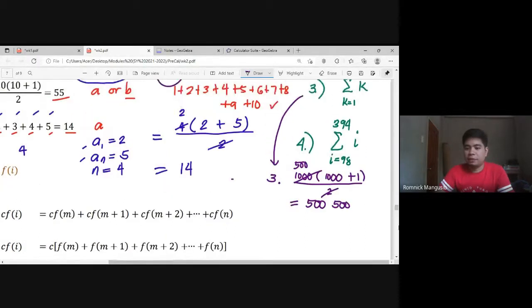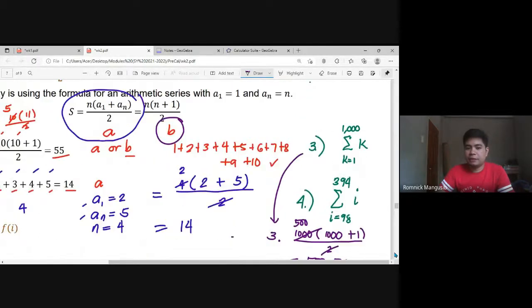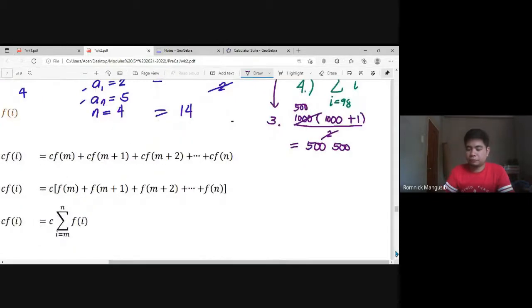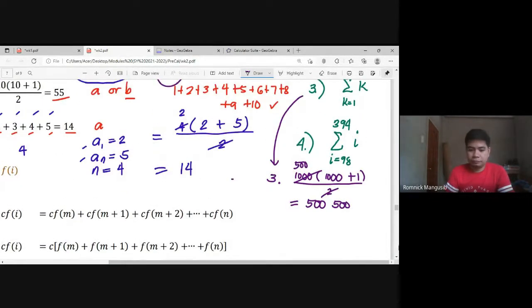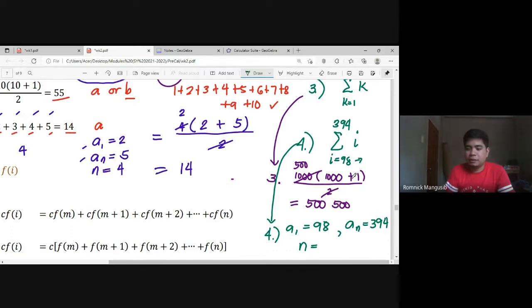So in number 4 naman, formula letter A ang applicable. Dito, ang first term ay 98. Ang nth term is 394. So ano ang n? Ang n dito is, kung 98 ito, tatanggalin mo ang 97.